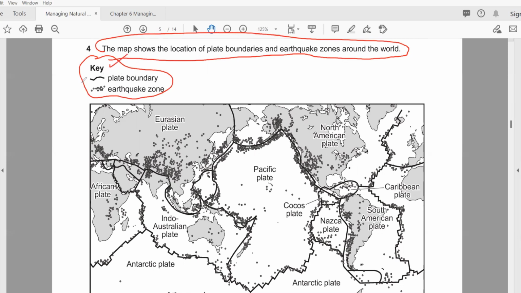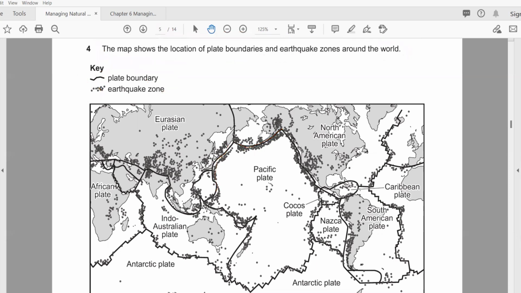Can you see this line here? This line is showing the plate boundary. All these are plate boundaries. And after that, these dots are showing the earthquake zones. So these are the two keys you should know.